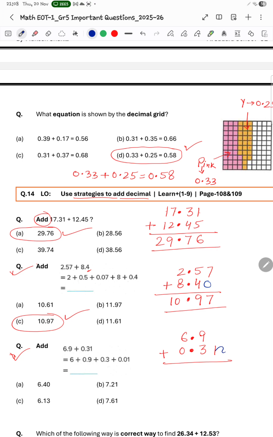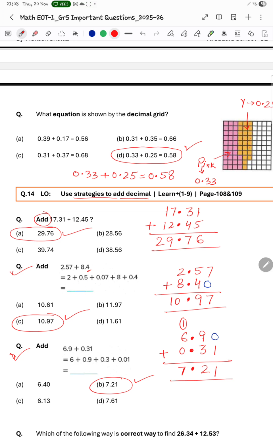Now above 1 there is no digit, so I will put 0 from my side. Now I am going to add: 1 plus 0, 1, 9 plus 3, 12. So 2 will go here and 1 will go up, and the dot will be in line. 6 plus 1 will give you 7. So my answer will be 7.21. Option B is the correct one.